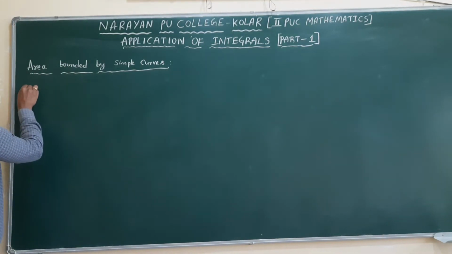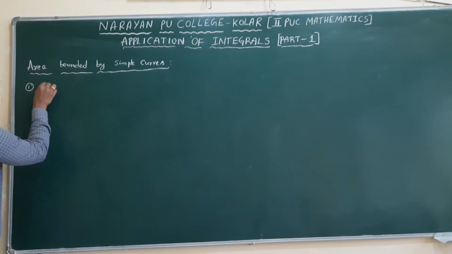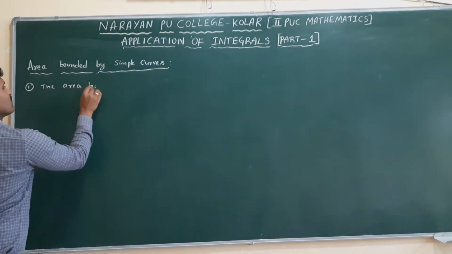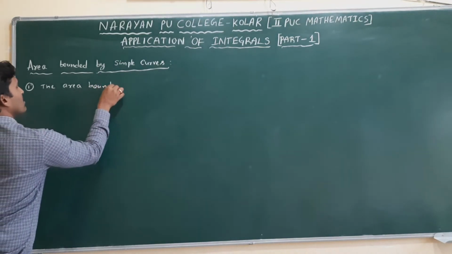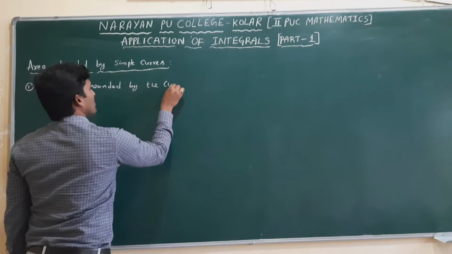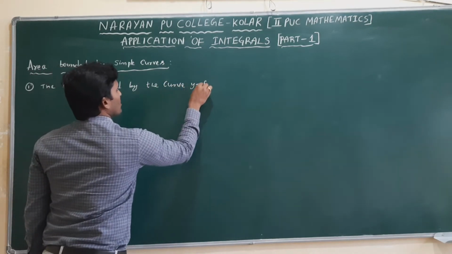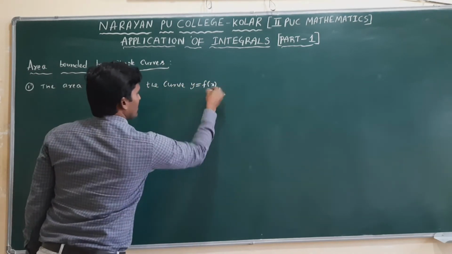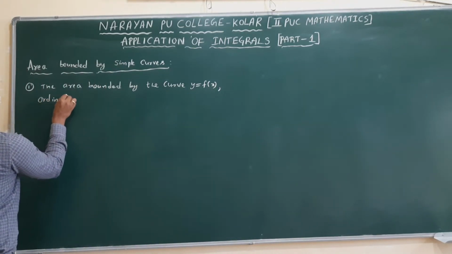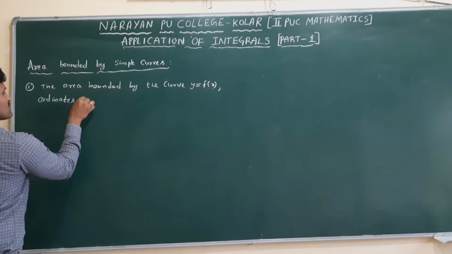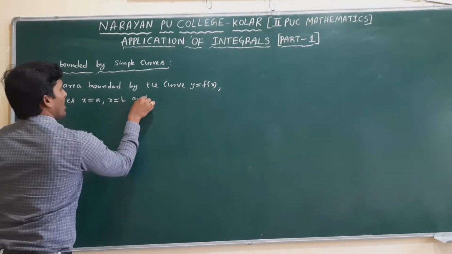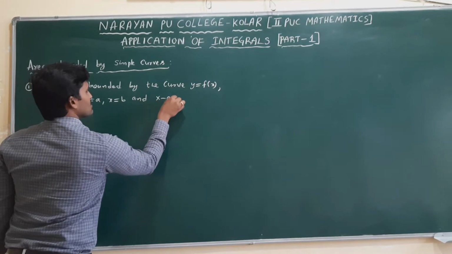In this, first, the area bounded by the curve y equal to f of x, the ordinates x equal to a and x equal to b, and the x axis.